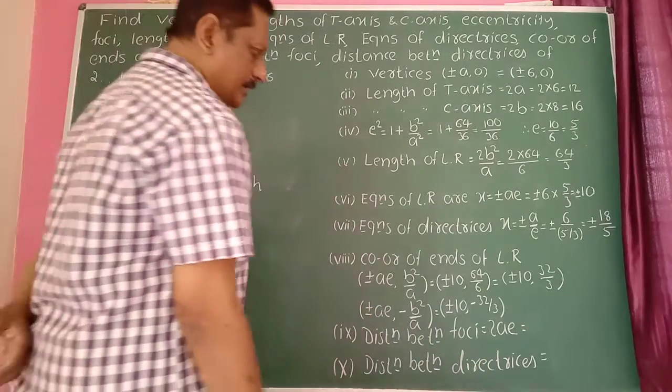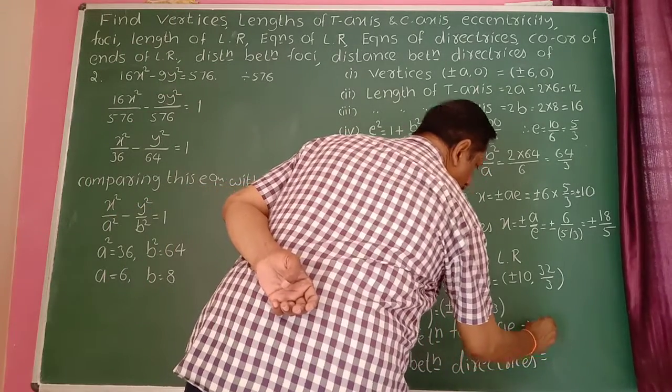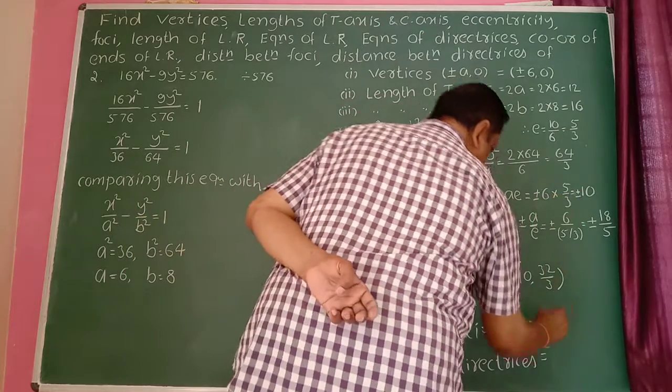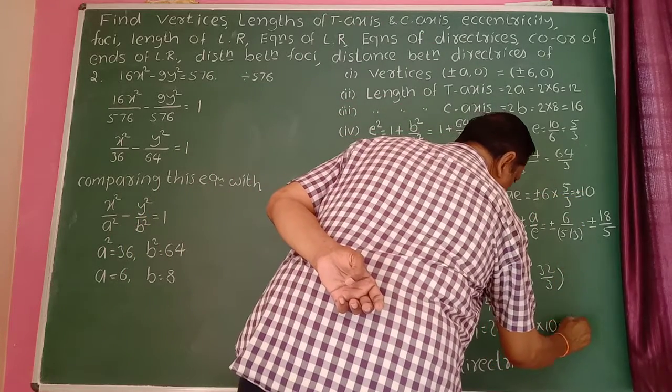Distance between the foci is 2ae, 2 × 10 is 20.